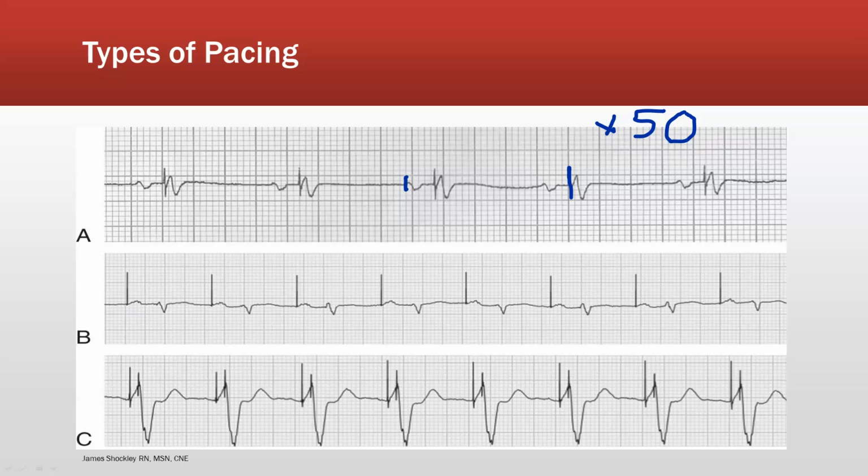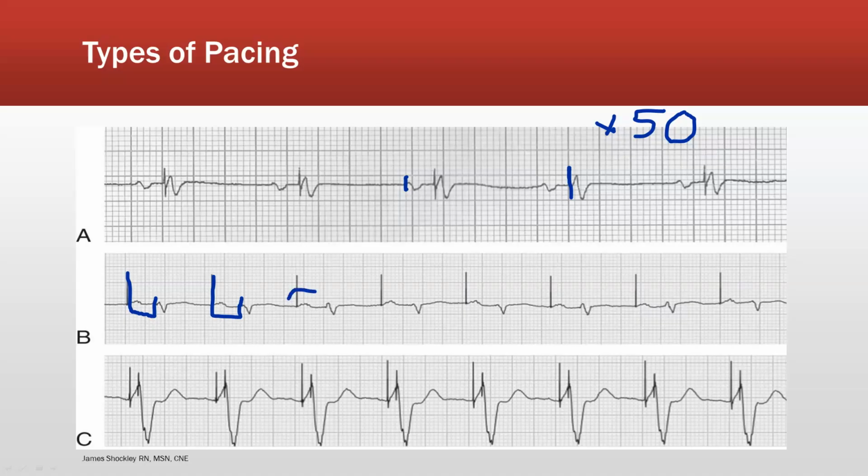In B, we have atrial paced rhythm. So you see, this person looks like they have a chronic widening of the QRS. You can see that it is definitely bigger than one big box. But what's happening here is that the pacer spike is originating the signal, and you have possibly some damage that's causing delays in conduction from the SA to the AV node to the bundle of His and bundle branches and Purkinje fibers.